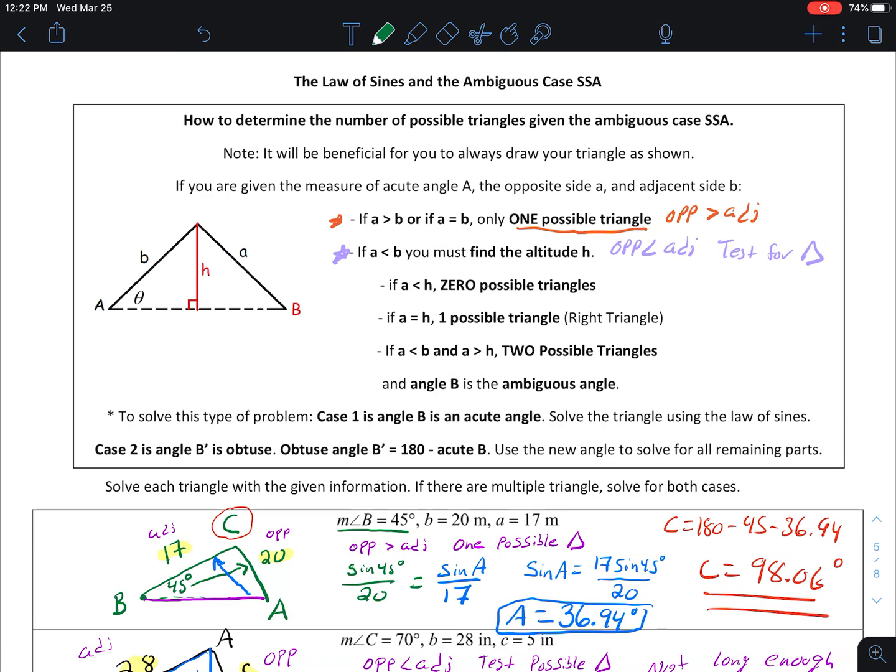The first thing that could happen is if the opposite side was less than H, which is the minimum length, which means 0 triangles can be formed. Now remember that H is the minimum length required to form a triangle.